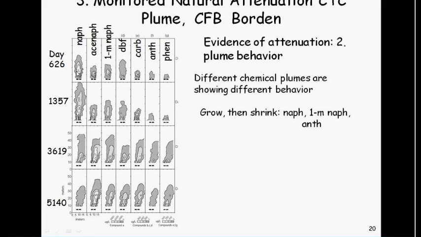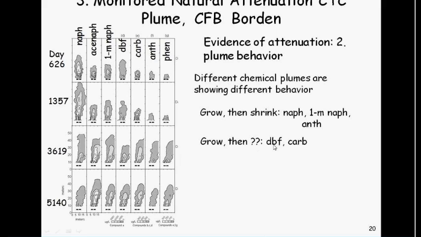So it was this far. It grew by that day. Looks like it's shrinking. It's shrunk. That's funny, isn't it? So a plume, instead of evolving by extending over time, continuously, grows and then shrinks. That needs explanation, doesn't it? Grow, then, we're not sure.